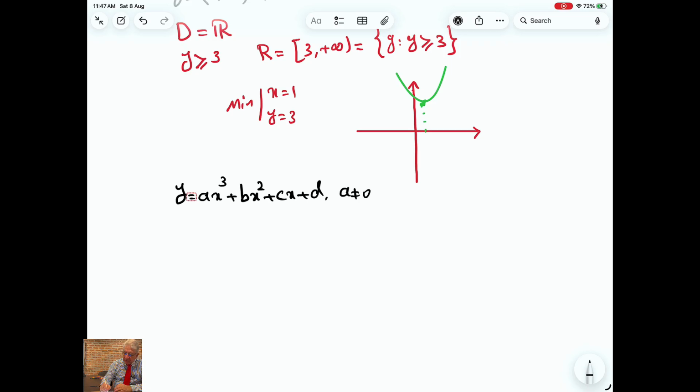The domain of this is R, and the range also is R. So for a cubic function, the situation is very easy. Actually, if the highest power is an odd number, then in that case the range and domain are always R, doesn't matter what power that is. The highest power should be an odd number. In that case, the domain and the range will be R.